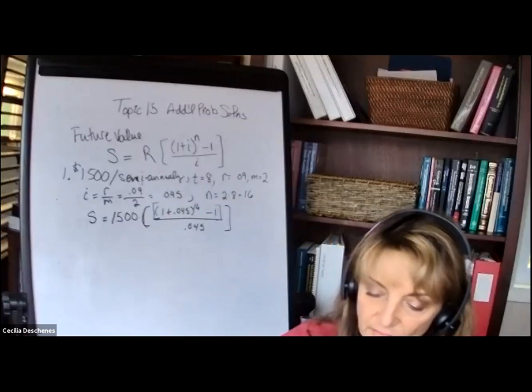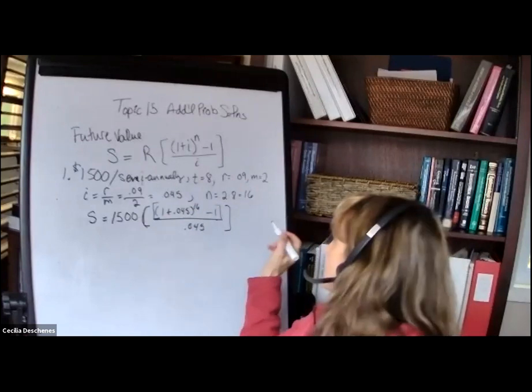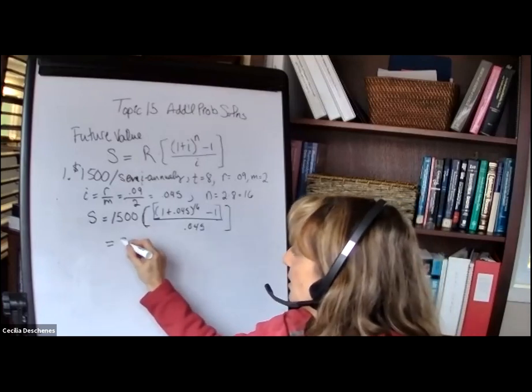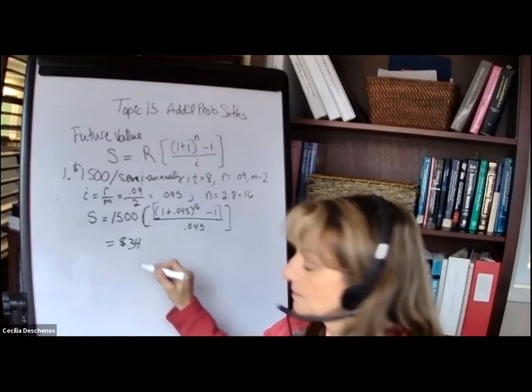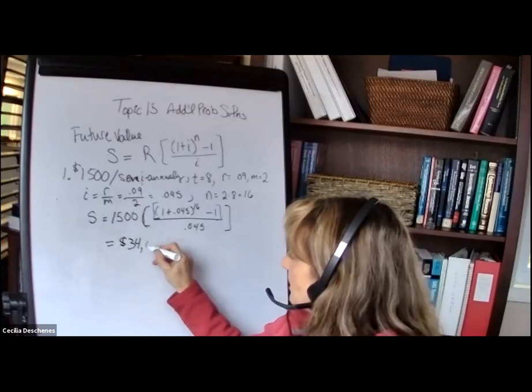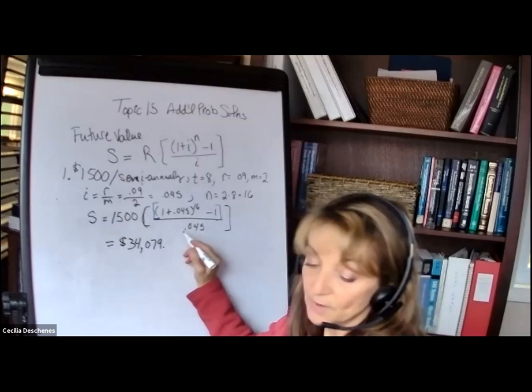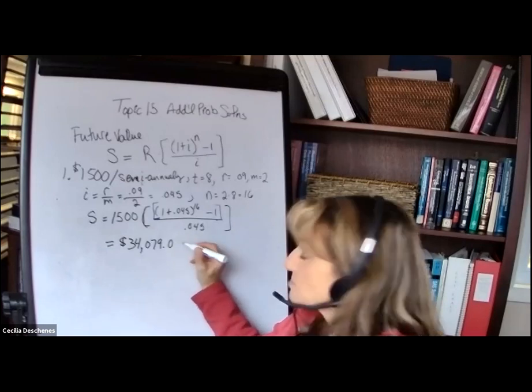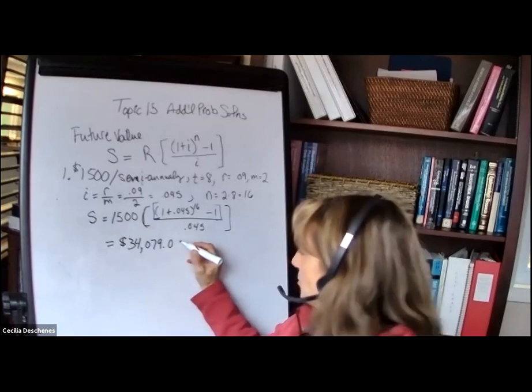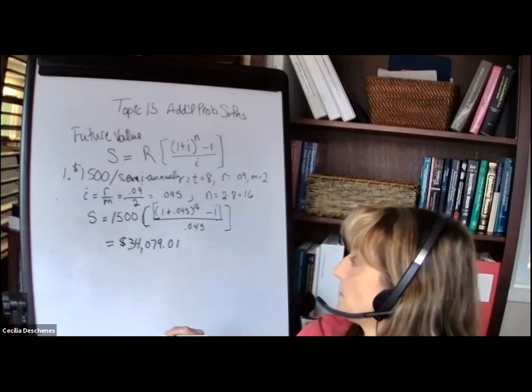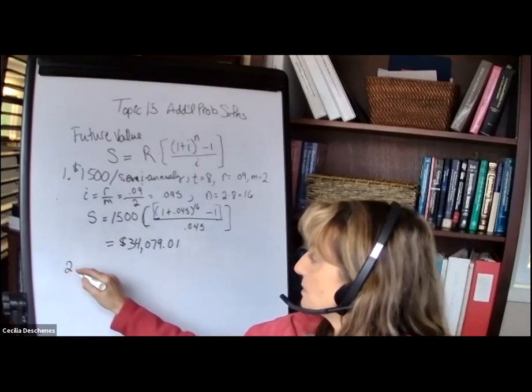And I end up with 34,079. And if I round to the penny, I get it's 0.005, so it'd be 0.01. So 1 penny. All right, let's do the next one.